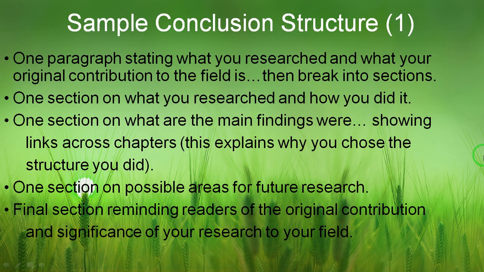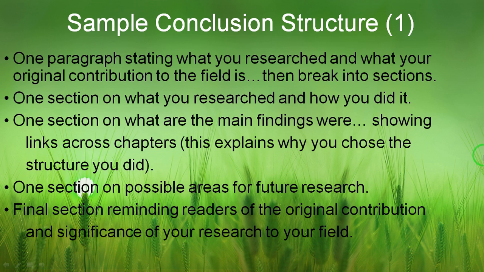So this is an example of how you can structure your conclusion sections. In one paragraph you can state what your research and your contribution to the field is, and then you break it into a few sections. The first section is on what you've done and how you did it, and the next sections are the main findings.